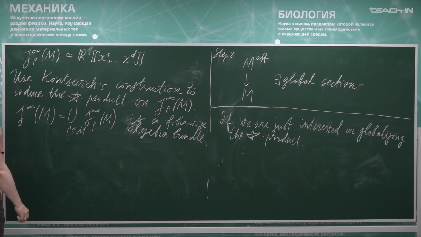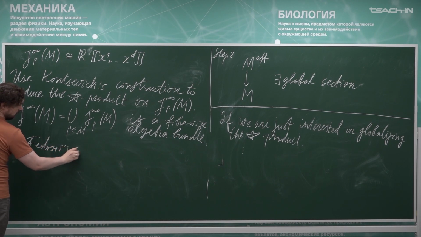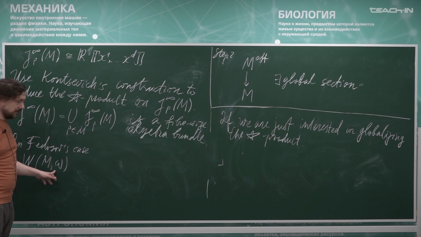It is very similar to Fedosov's construction. So in Fedosov's case, we had a Weil algebra bundle over M, where the star product in every fiber was induced by the restriction of the symplectic form at this fiber.